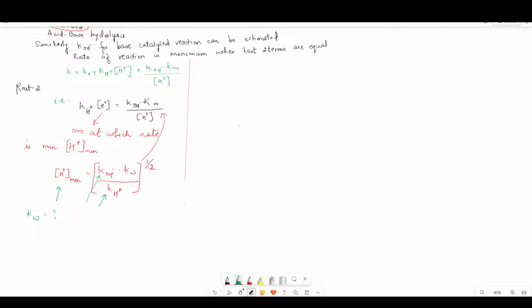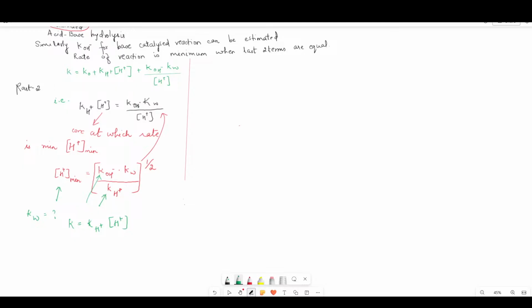When the catalysis is largely by hydrogen ions, then k will be equal to k_H+ times the H+ ion concentration.